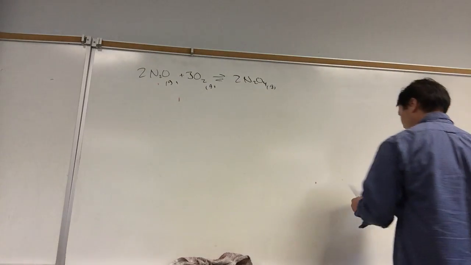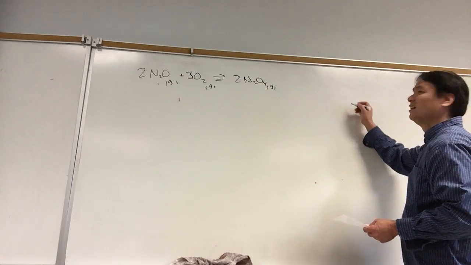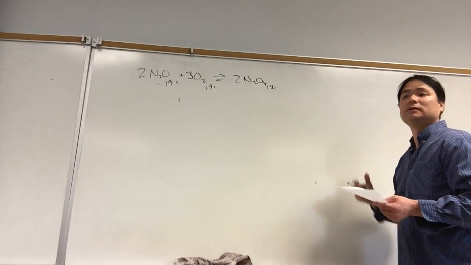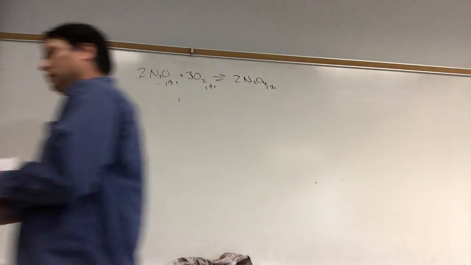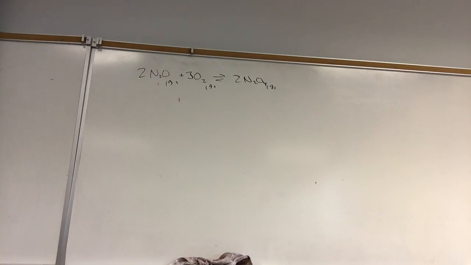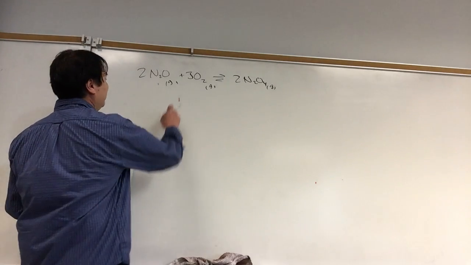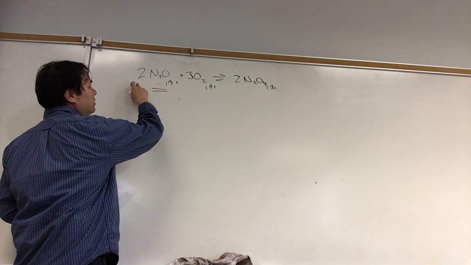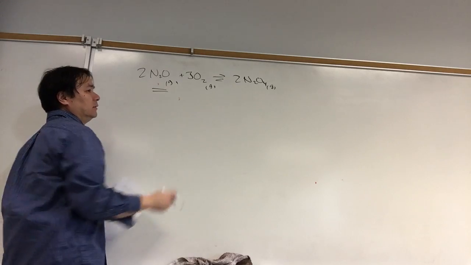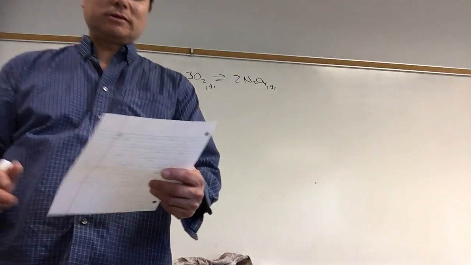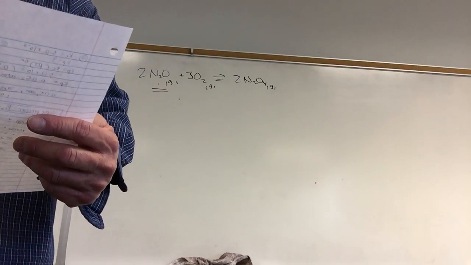I should bring this up. So what I do in something like this is I want 2 N2Os over here. And so what I'll do is I'll look for an equation that has N2O.